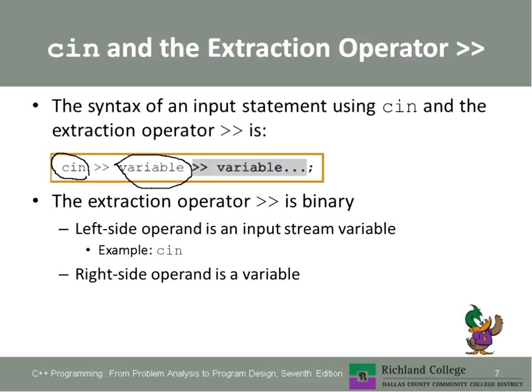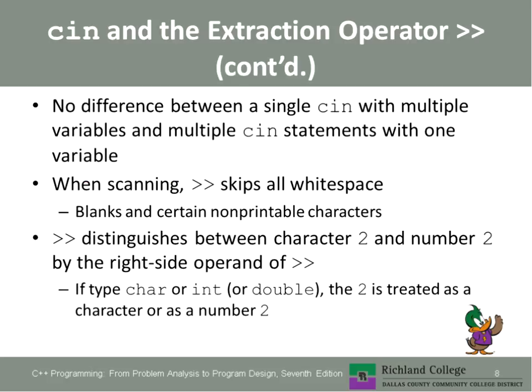It stores it in a variable. There is no difference between a single cin with multiple variables and multiple cin statements with one variable. So when scanning, the stream extraction operator skips all white spaces, blanks, and certain non-printable characters.